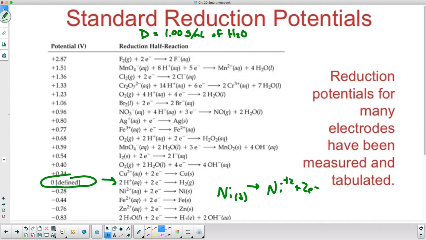So when we write this as an oxidation, which I just did, then I can change the sign for the volts. That's not very clear, but you get the idea. So instead of a negative 0.28, once I write it as an oxidation, I can change the sign to make it a positive 0.28.